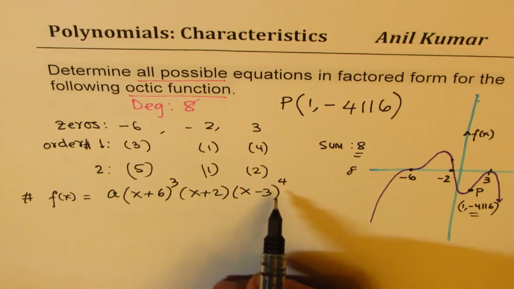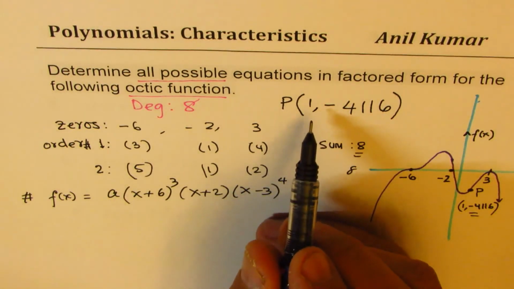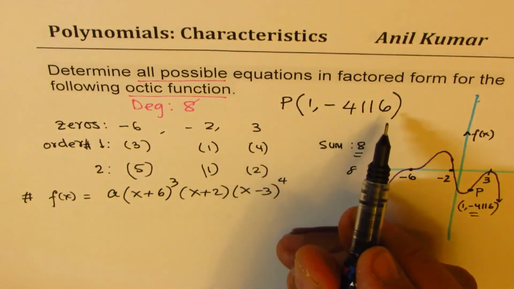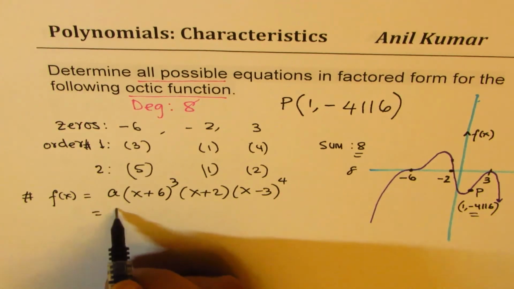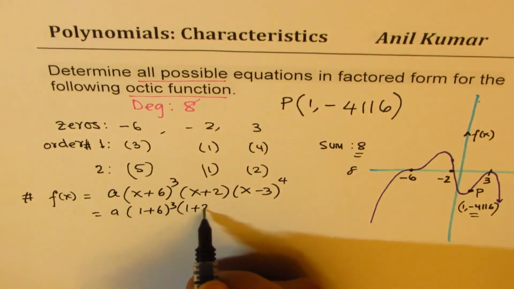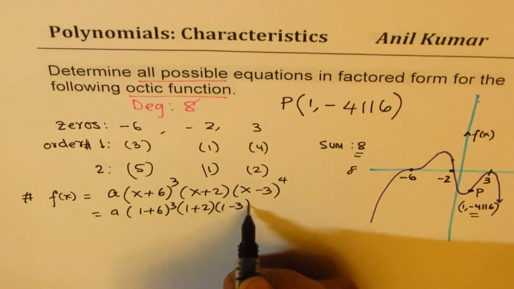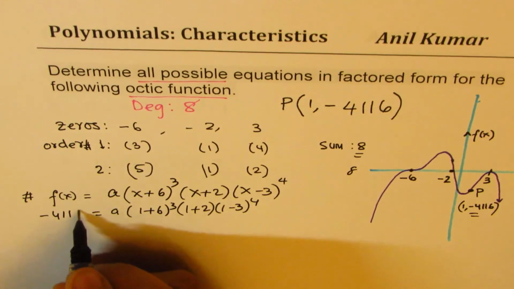Perfect. That's my first option. To get the value of a, we'll substitute this point, 1 and minus 4116. So x is 1. That means a times (1 plus 6) cubed times (1 plus 2) times (1 minus 3) to the power of 4, all this should be equal to minus 4116.